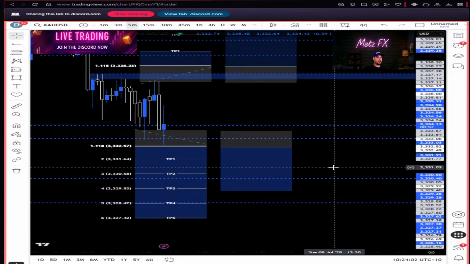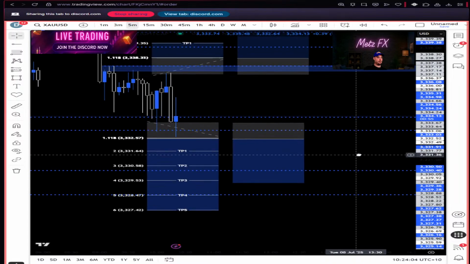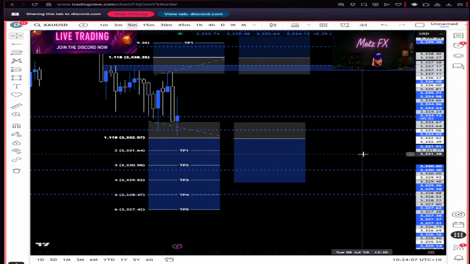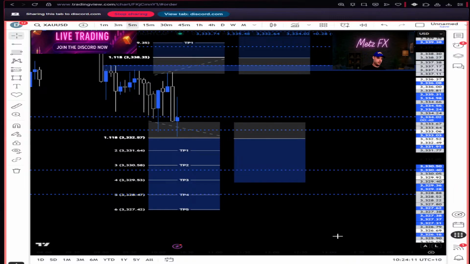All right, one more minute till this candle closes. Let's see what this next candle does. Hopefully we can break through and get a decent move.